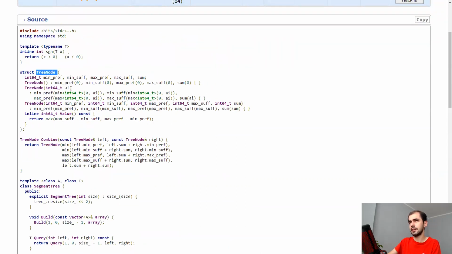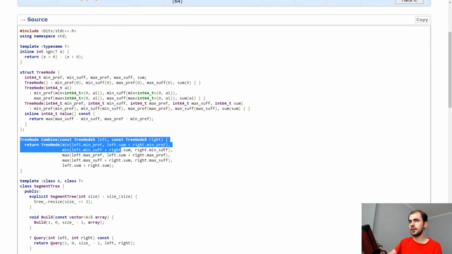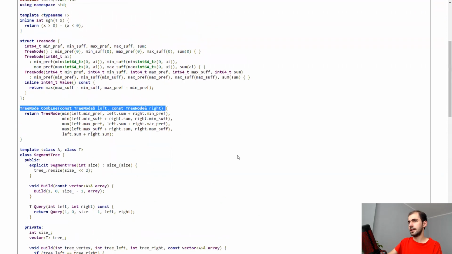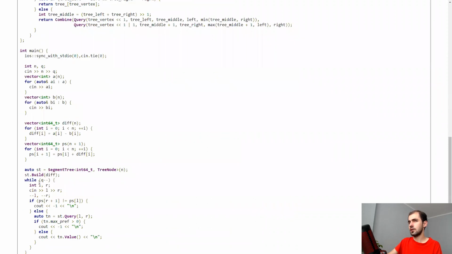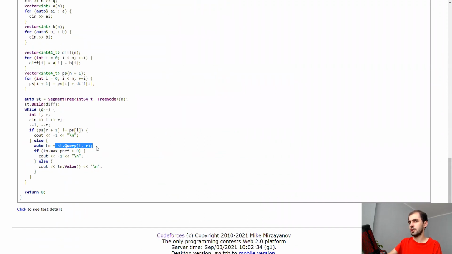So we define a type tree node and write a combine function for it. And that's it. Our segment tree implementation needs not to change. Our main function usually needs not to change.